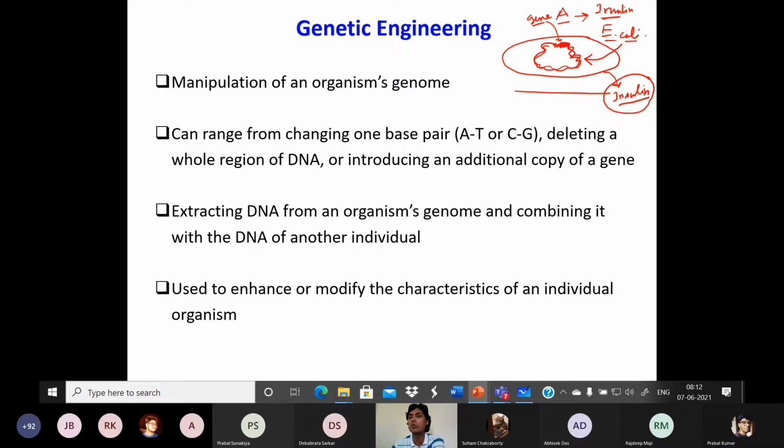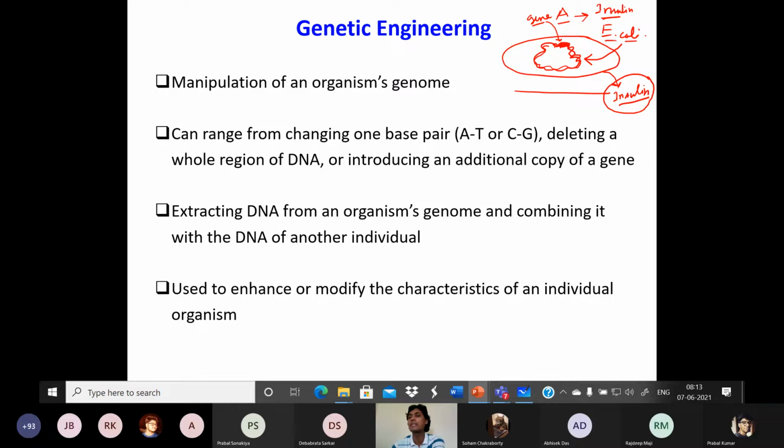But you may be interested in something more. For example, you want to change some of the amino acids present in insulin so that the insulin will be more active or more useful. That is also called genetic engineering, because you are not changing those amino acids after purifying the protein. Rather, you change some codon or nucleotide sequence in gene A itself.